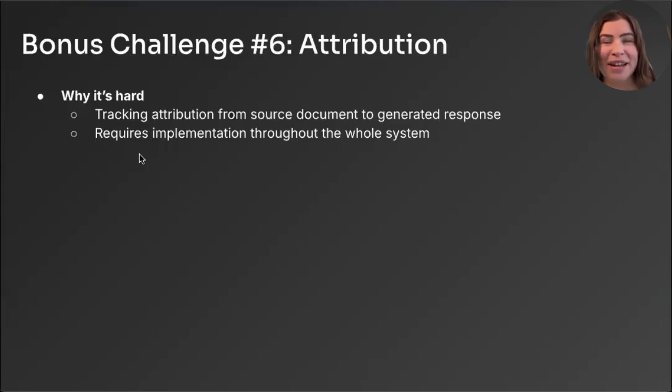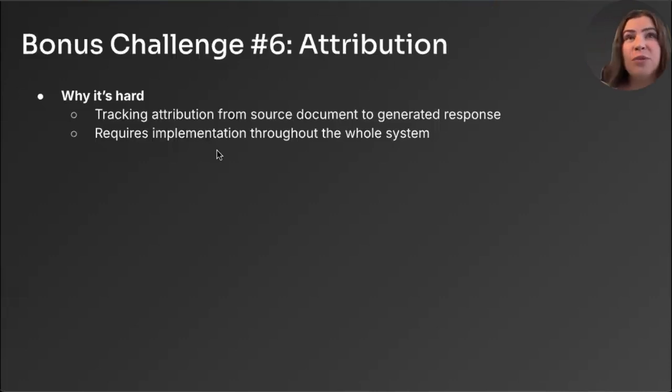The bonus challenge, something I've been demonstrating throughout this demo, is attribution. That was where I was showing the original files where everything came from. And this is a really big challenge because you have to track that attribution throughout the entire system, from the source document to the generated response. You need to implement this throughout the full system, so that if you had a black box component that wasn't designed for this, it would be really challenging and would not enable this kind of attribution.